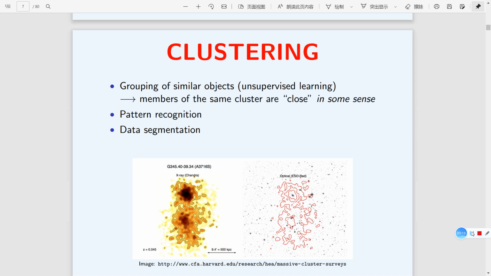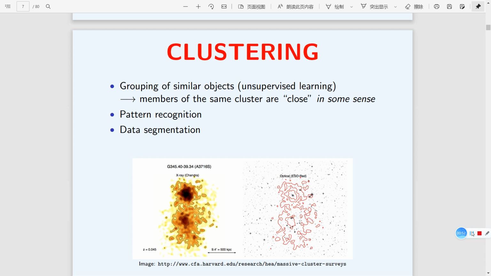Clustering is one of the very important machine learning methods. It's a typical unsupervised learning method. Unlike classification, where we have a class label, which is a variable that helps us classify objects, in clustering we don't have any class label.